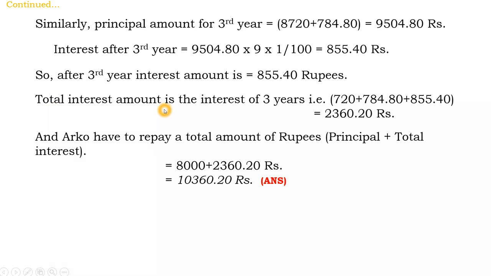The total interest amount is the sum of the 3 years' interest, that gives you 2,360.20 rupees. And Orko has to repay a total amount of rupees: principal amount plus total interest, that is 8,000 plus this interest, where 8,000 is the initial principal. So the total amount will be 10,360.20 rupees.